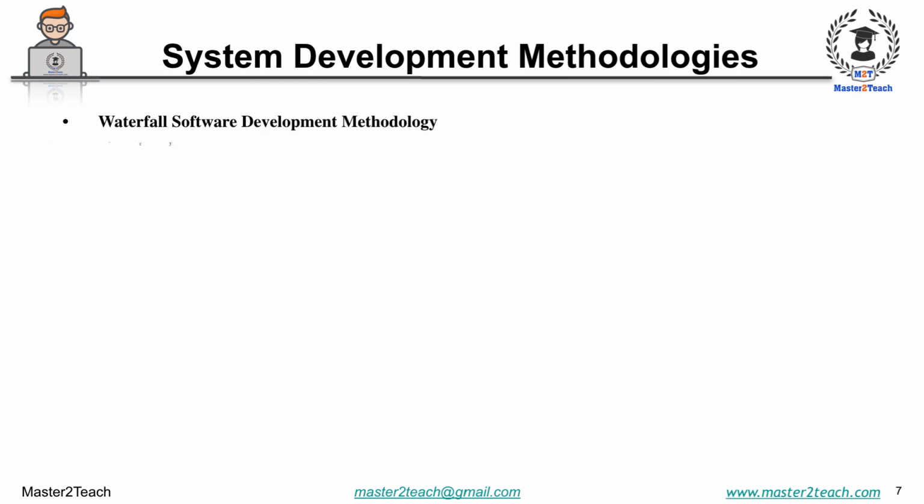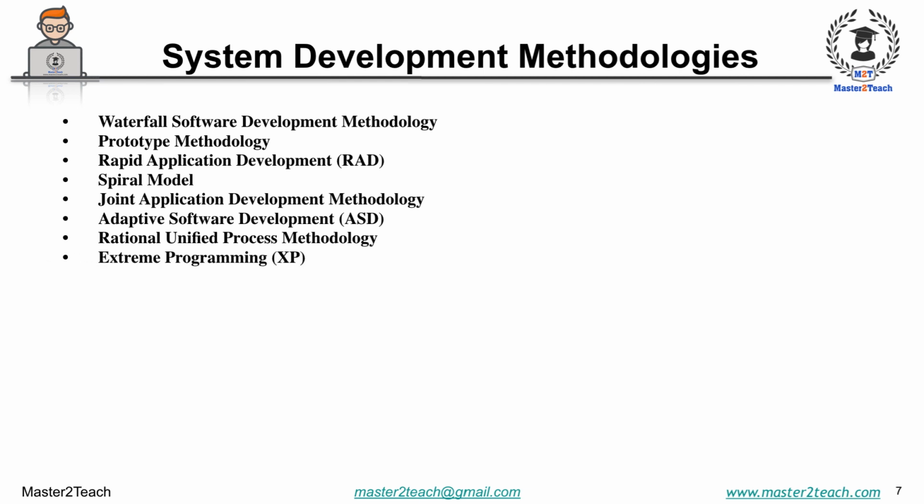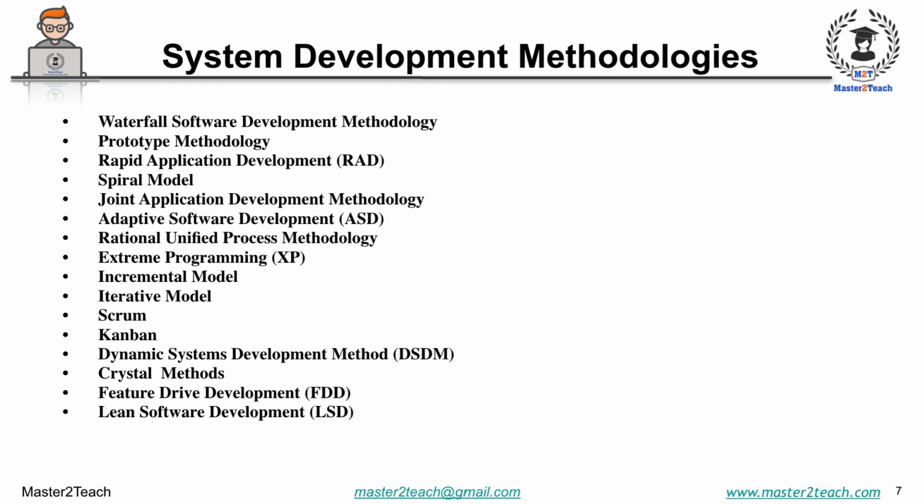Waterfall software development methodology, prototype methodology, rapid application development (RAD), spiral model, joint application development methodology, adaptive software development (ASD), Rational Unified Process methodology (RUP), extreme programming (XP), incremental model, iterative model, Scrum, Kanban, dynamic system development method (DSDM), crystal methods, feature driven development, lean software development, agile modeling, agile unified process.